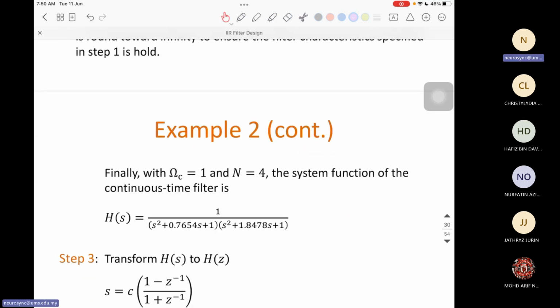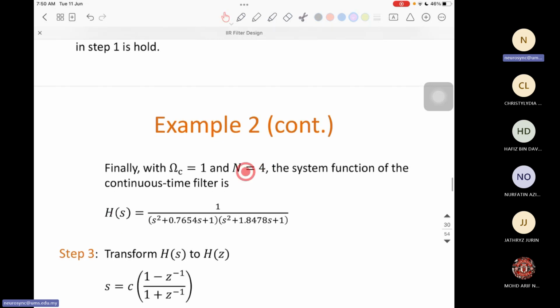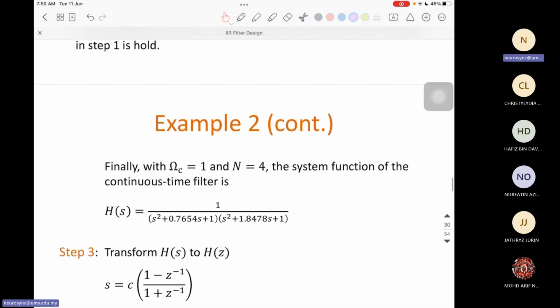Now we know the continuous time Butterworth filter system function h of s for n equal to 4. So the h of s for n equal to 4 is 1 divided by, this is from the table, s squared plus this plus this into this.